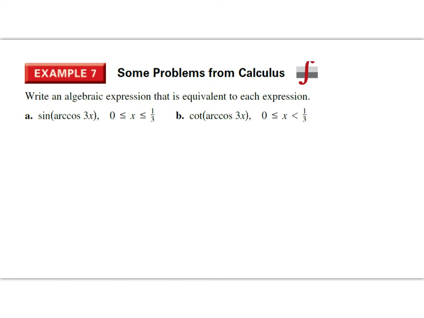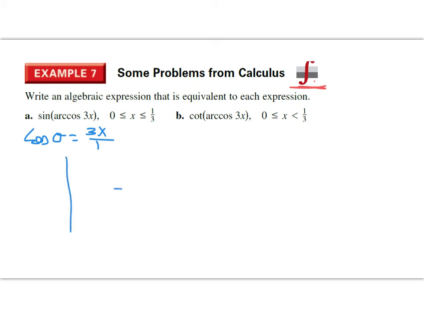Okay, so this is the next one, and these are calculus problems. Okay, so let's go through and work some calculus problems. So if we think about the inside, the cosine of some theta is equal to 3x over 1. And so the cosine is restricted from 0 to pi.